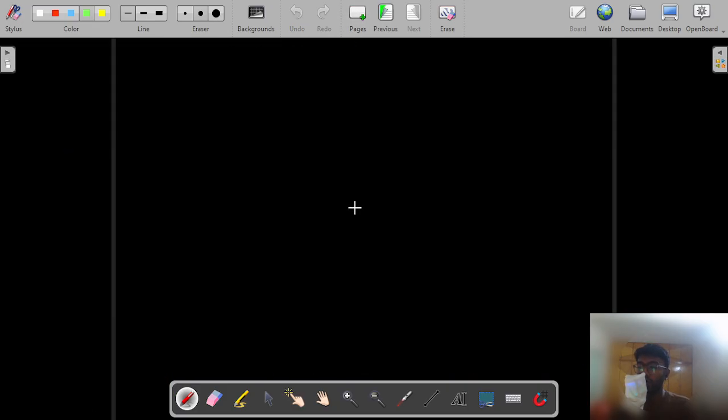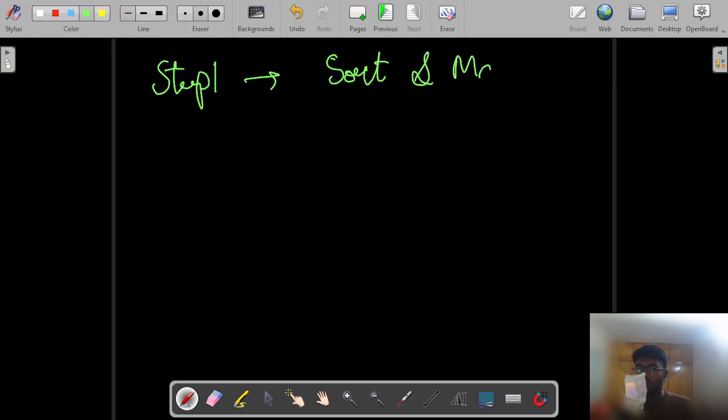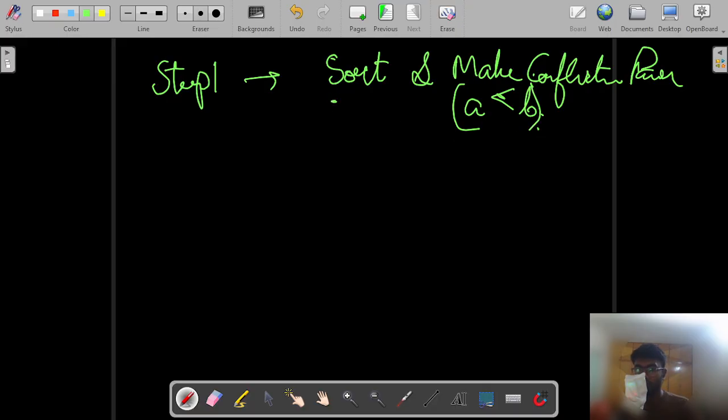Now if we need to come up with an approach, the first step that I would think about is to sort and make the conflicting pairs array such that the a value is less than the b value, and also sort this.